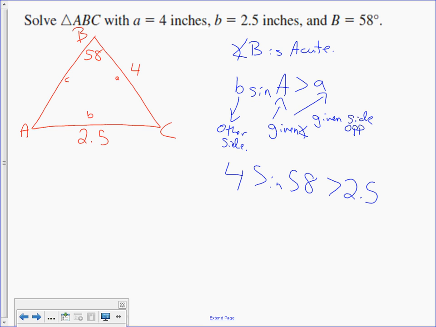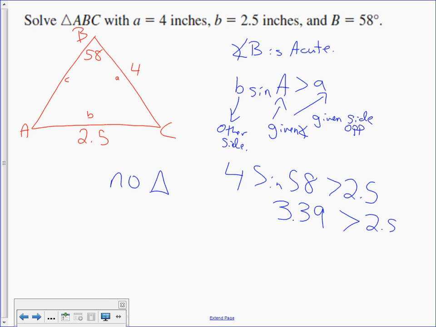Is that true or false? It's true. What do you get? Like 3 something? 3.39. Last time I checked, I'd rather have $3.39 than $2.50. So can I have a triangle? No triangle. Go to the next problem.